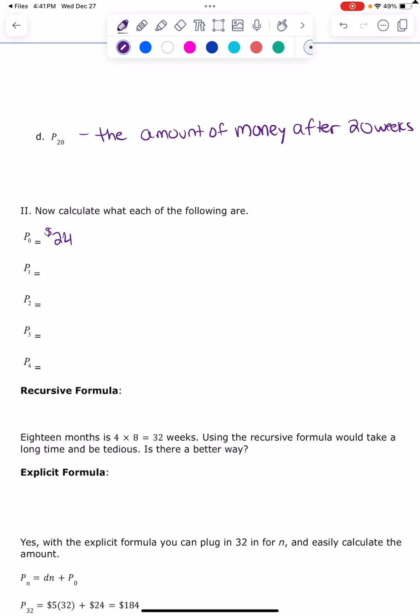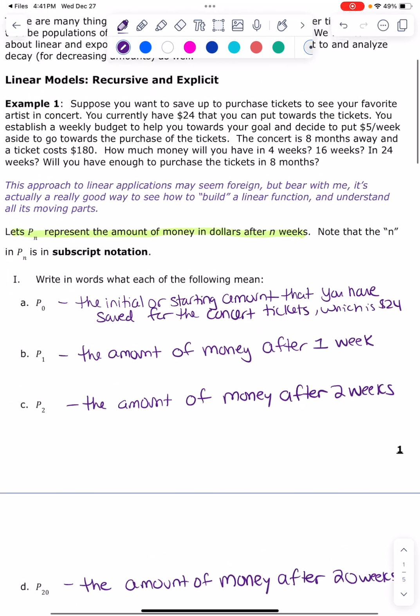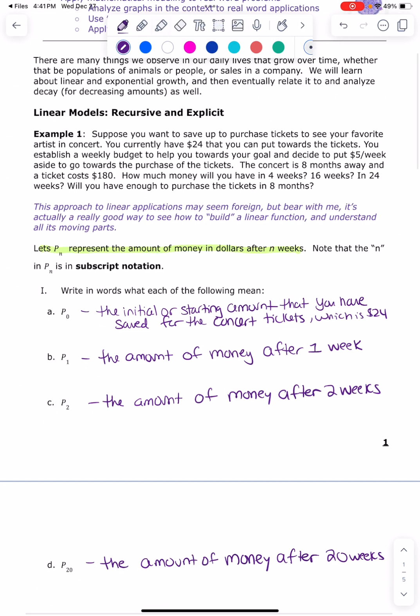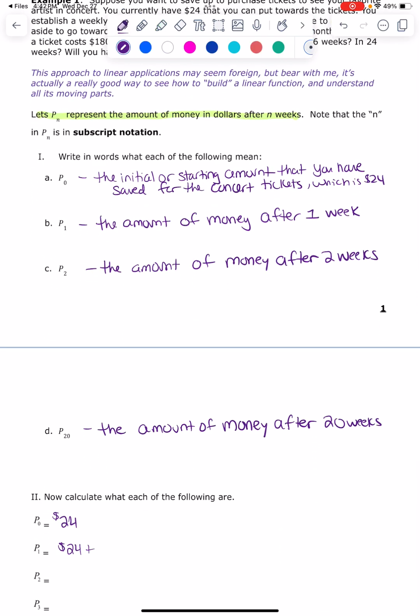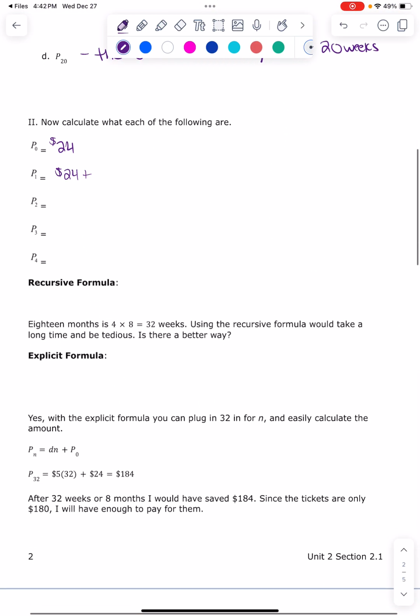So P sub 1, that's after 1 week of saving. So it's going to be $24 plus the amount of money per week. You're putting $5 a week aside. So in 1 week you'll have 24 plus $5, which is $29.